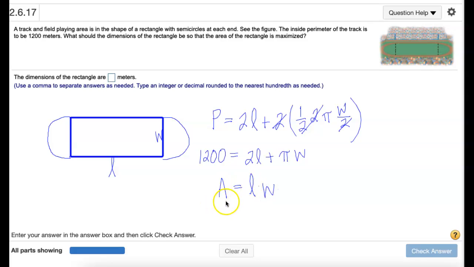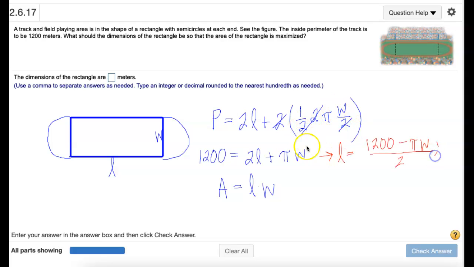But because area is what you want to maximize, we need to rewrite the area in only one of these terms, not both length and width. So to do that, we'll take the previous formula and solve for just one of these terms, either length or width, and substitute it into the area formula.